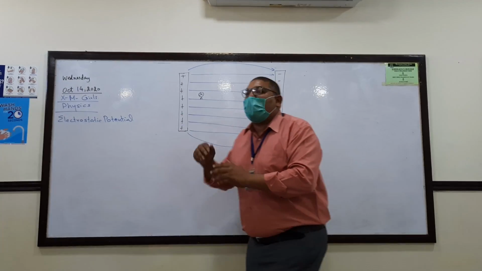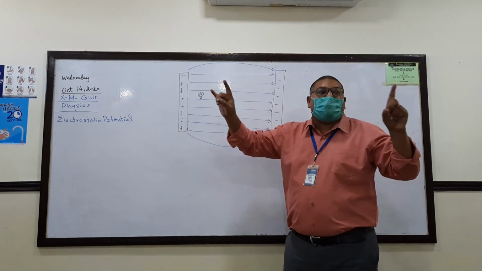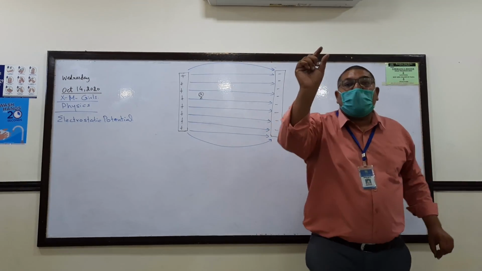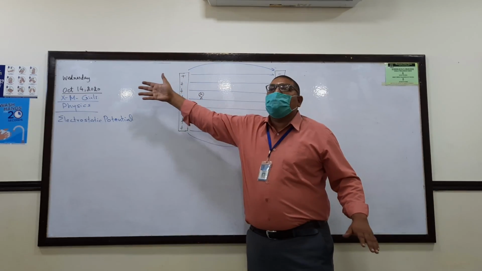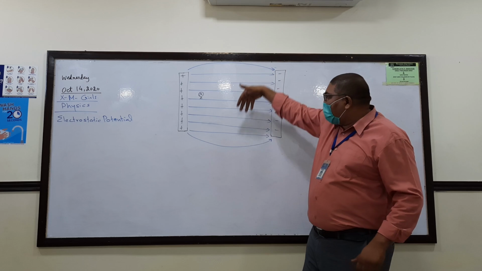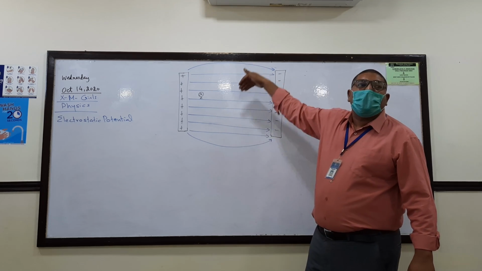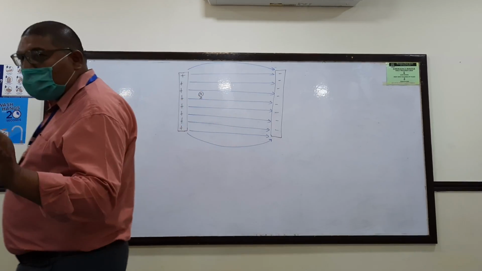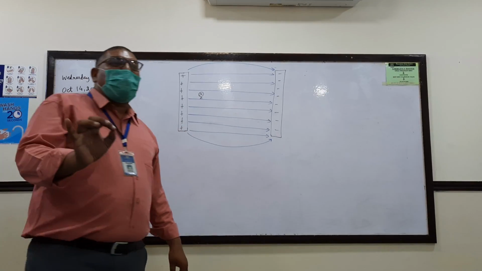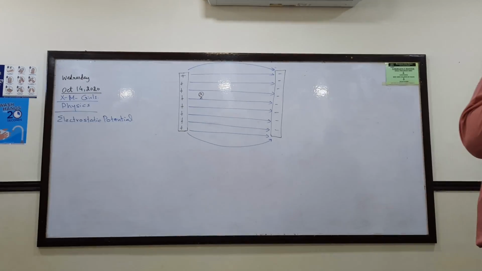If the direction of the electric field is downward, a positive charge here will go downward. So the positive charge always moves in the same direction as that of the electric field.